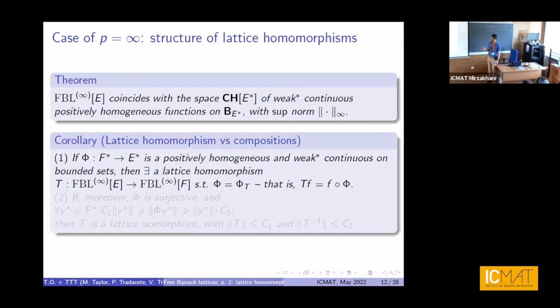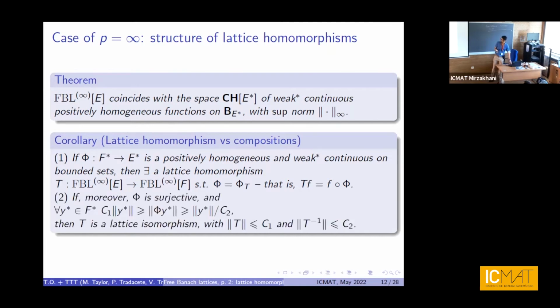So any weighted composition, provided of course we are composing with a positively homogeneous function weak star continuous on bounded sets, any composition like this gives rise to a lattice homomorphism on free Banach lattices. And if phi is surjective and we have this kind of inequality, then the corresponding map will actually be a lattice isomorphism, and we will have bounds on the norms of T and its inverse.